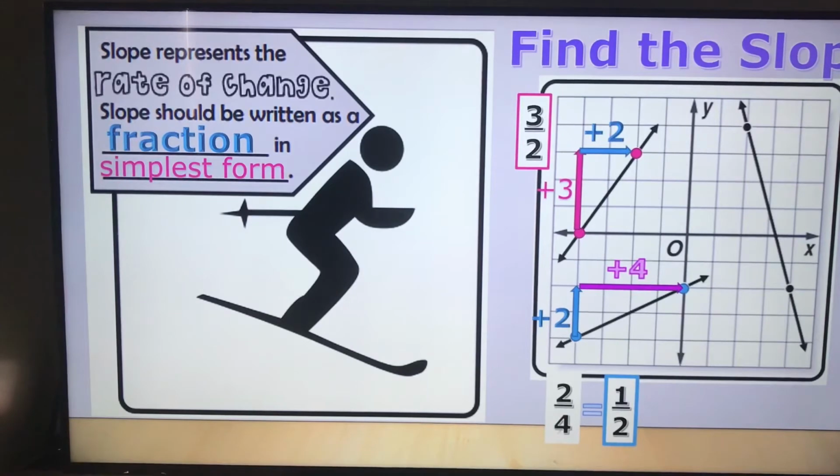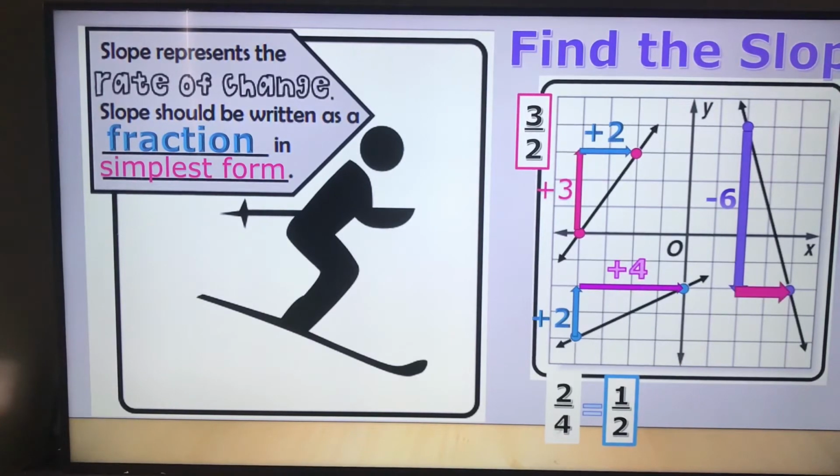Let's go take a look at my last one. And I can look at this, and I see it's going in a different direction than the other 2. The other 2 are positive. That must mean this one is negative. So I'm going to start at this point, and then I'm going to go to the next point. You see it down there at the bottom? I went down 6. So I'm going to write a negative.